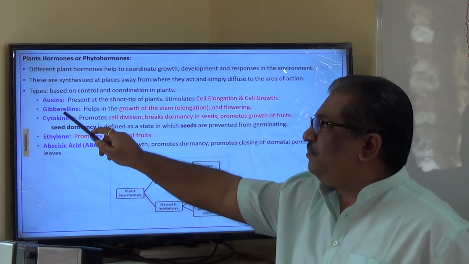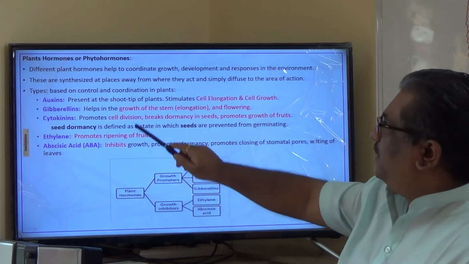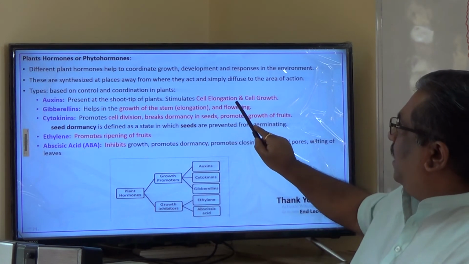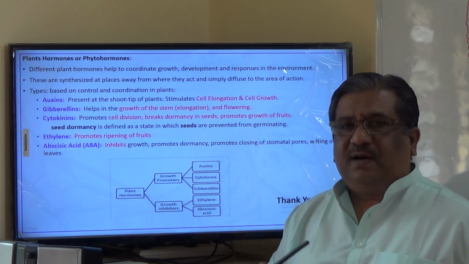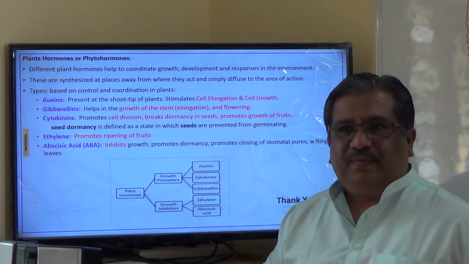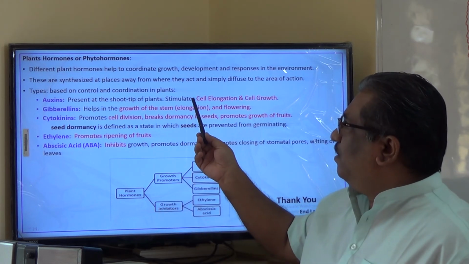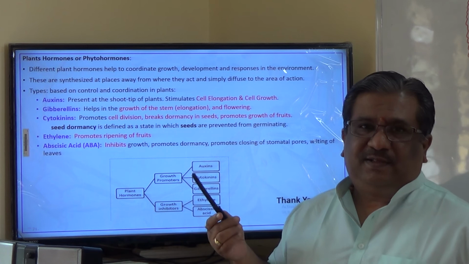See here, auxin is basically responsible for cell elongation and cell growth. If you take a reference book, it will list nearly 6-7 functions.